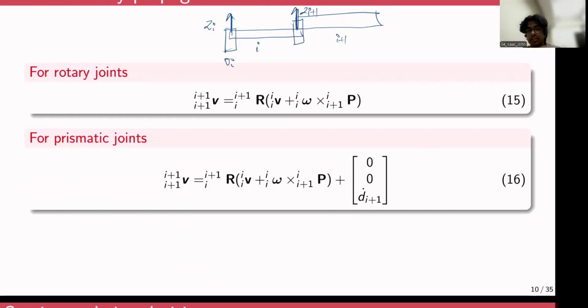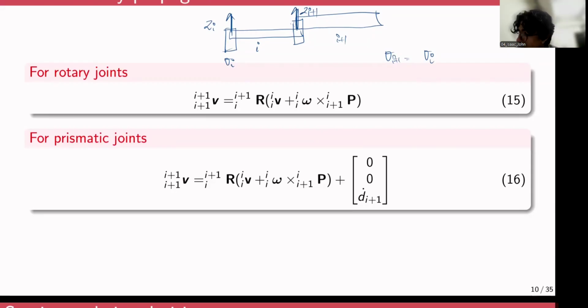So if you know the velocity of the ith link, Vi, what would be the velocity of this frame, I plus 1? Vi plus 1 would be nothing but Vi, the velocity of the previous joint, plus omega cross r, because omega cross r is also a linear velocity.